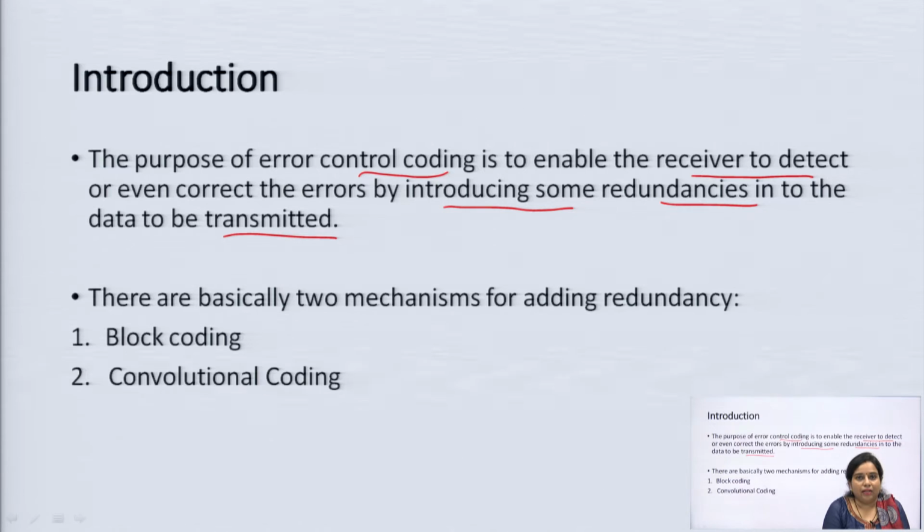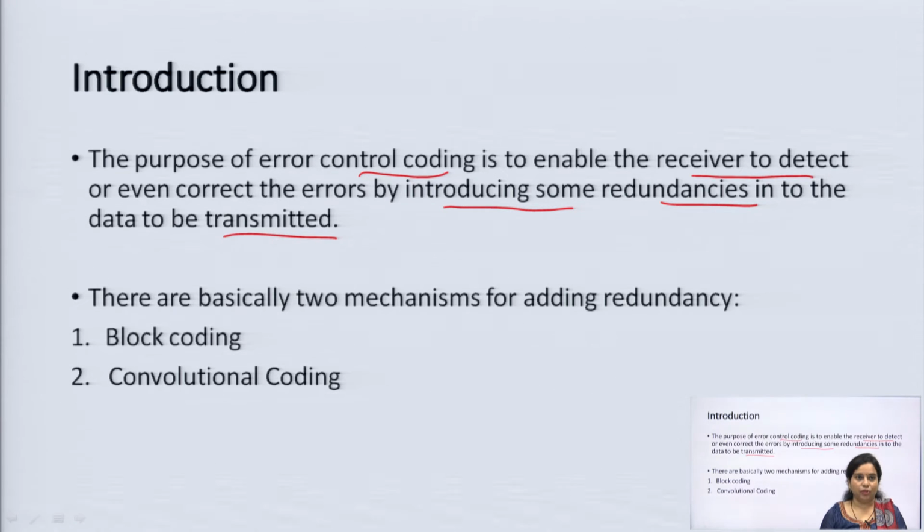Whenever you see that an error has occurred, then either you have to discard that particular message, the original data, or you have to check those redundant bits and correct that error. So, there are two options available. We have seen in the previous lecture how we detected and corrected the error.